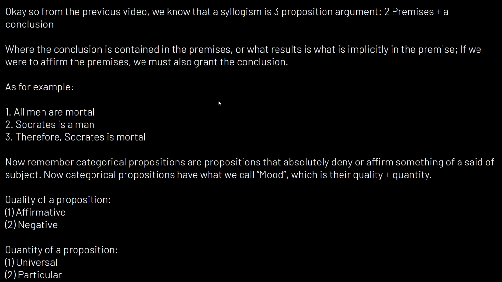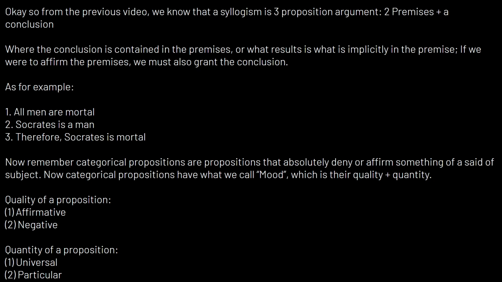Now, this might be deceiving, but specifically we will call this a demonstration, because we could also have an inductive syllogism. But when the conclusion is implicitly contained in the premises, or what results follows necessarily from what is assumed, then we call that a demonstration.